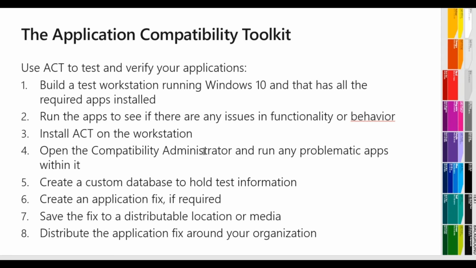Open the compatibility administrator and run any problematic apps within it. Create a custom database to hold test information. Create an application fix if required. Save the fix to a distributable location or media. Distribute the application fix around your organization. It's saying that with the compatibility toolkit, you can find out what actually happened, why that particular application is not working. So that is the test workstation.